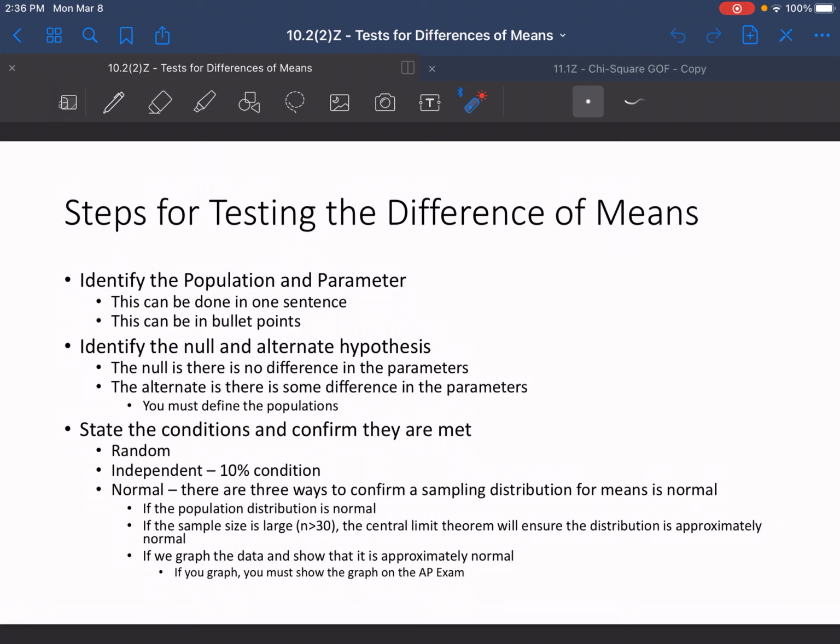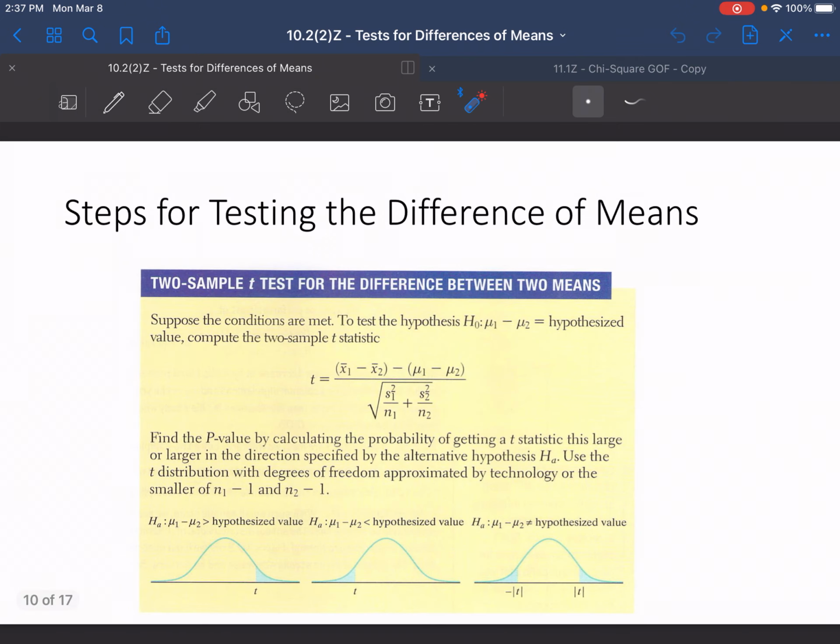If both of those cannot be found, then we have to graph the data and show that it is approximately normal at that time. And one thing to note on the AP test is that if you do graph, you must show the graph on the AP exam. So just be prepared for that. From there, for our do portion, we would need to find the T statistic or the test statistic.